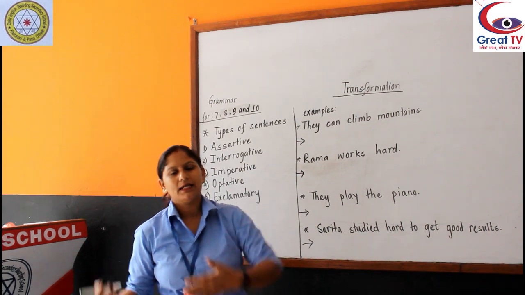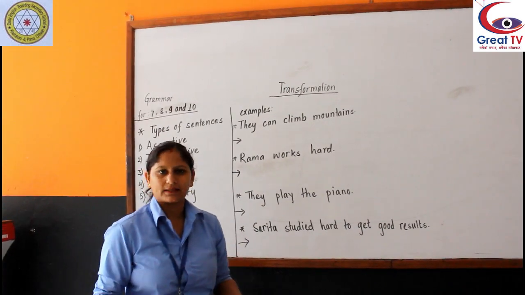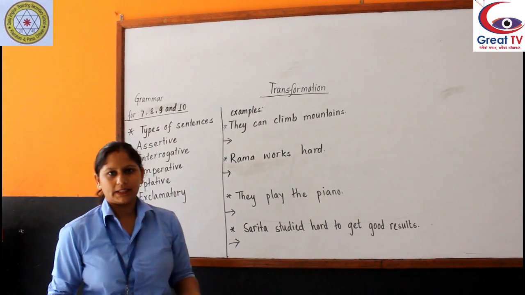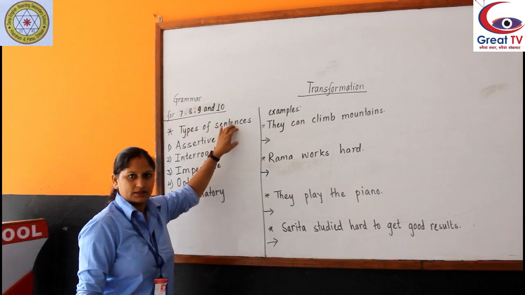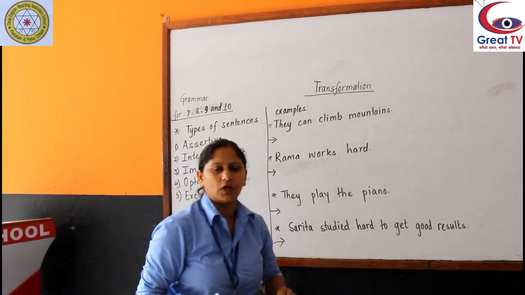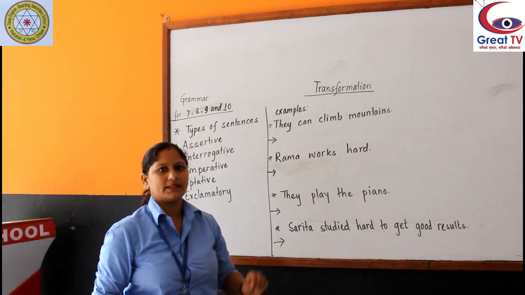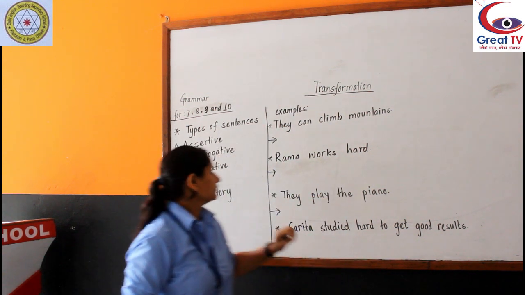We know that Kathmandu is the capital of our country, Nepal. It is a well-known fact, right? That is why it is an assertive sentence. And assertive sentences end with a full stop.